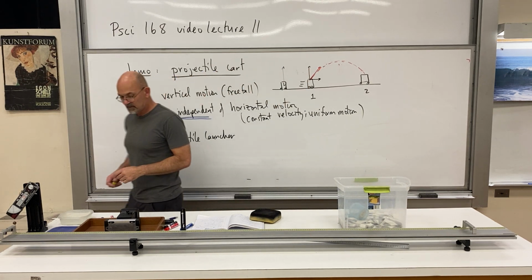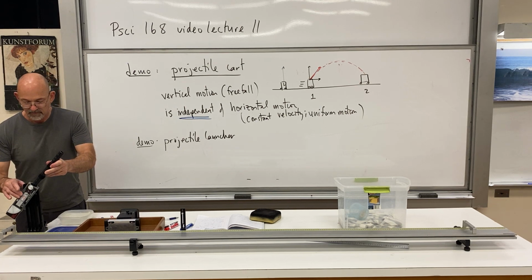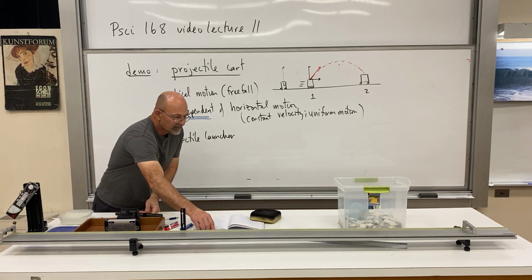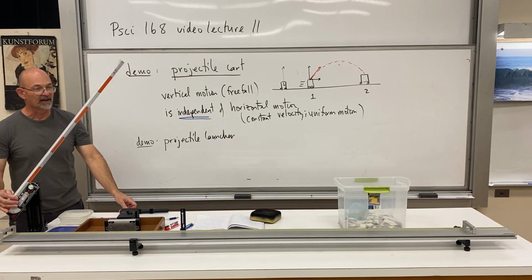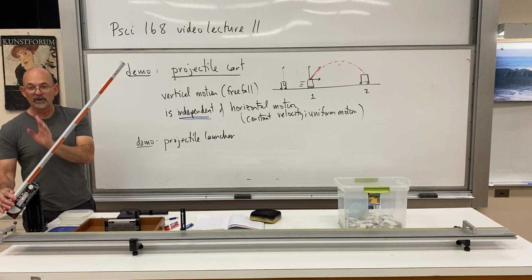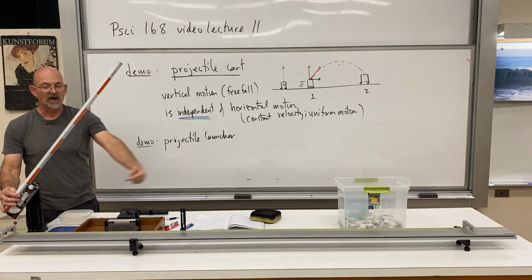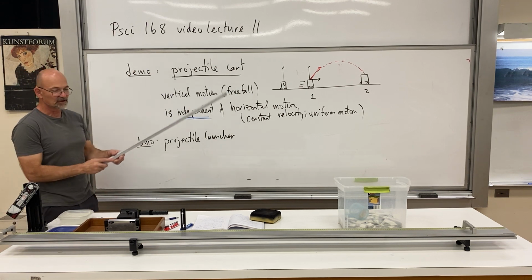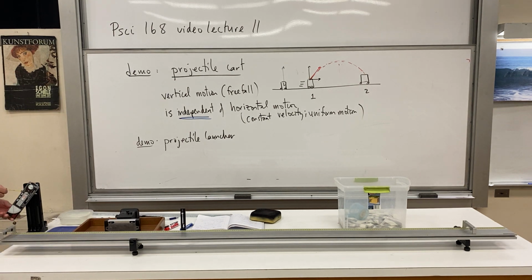And you'll notice with this cannon, it's at about a 45-degree angle. Okay. So the launch angle is along my ruler here. That means, since we know about vectors, it has an up component and a horizontal component, just like the projectile cart did. Consequently, if I aim this thing right, it should make it in there.